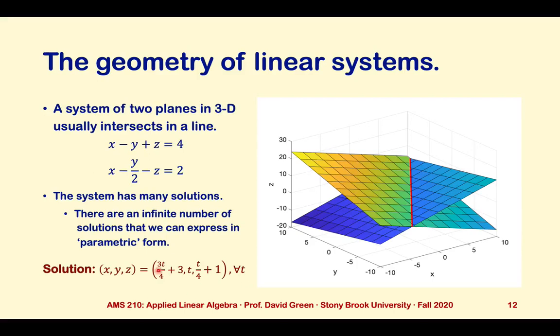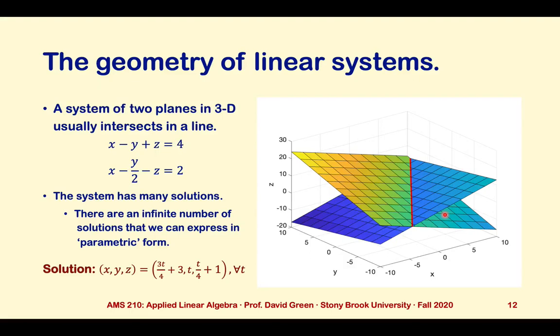This parametric form is a very common way to describe lines in 3 dimensions. Unlike a line in 2 dimensions, where a single equation can describe that, y equals mx plus b, in 3 dimensions the parametric form is one of the most common ways to describe a line.